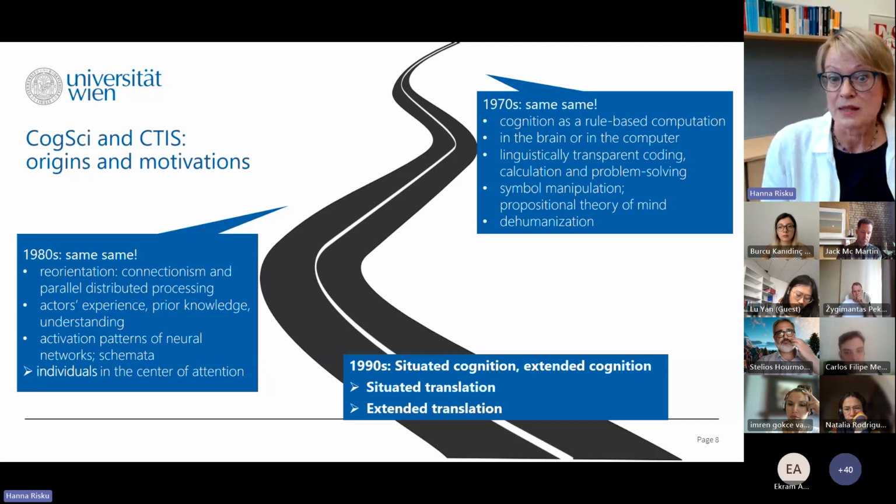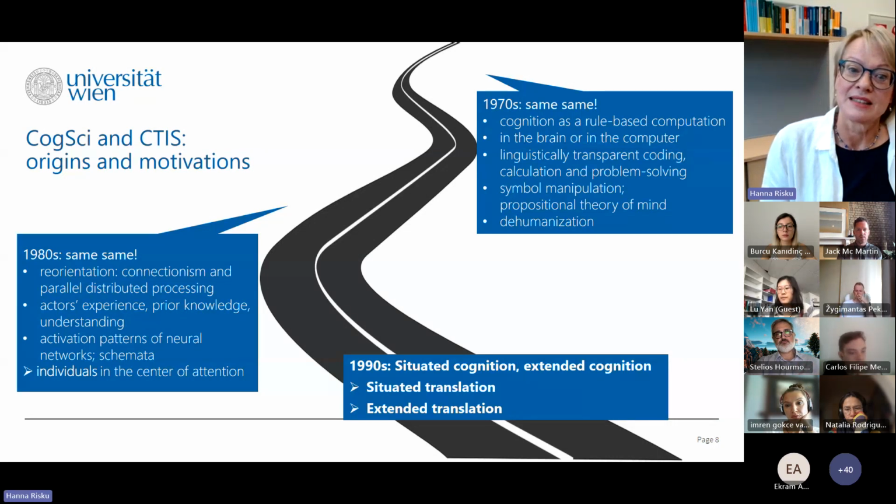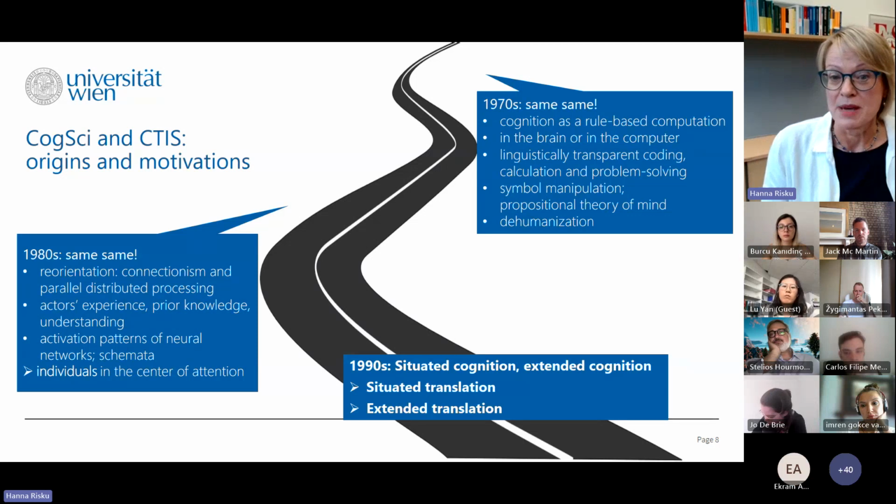And a similar basis can be found in cognitive science, not incidentally, which initially emerged as an attempt to simulate human intelligence on the computer. So that was one of the main goals right from the start, artificial intelligence.